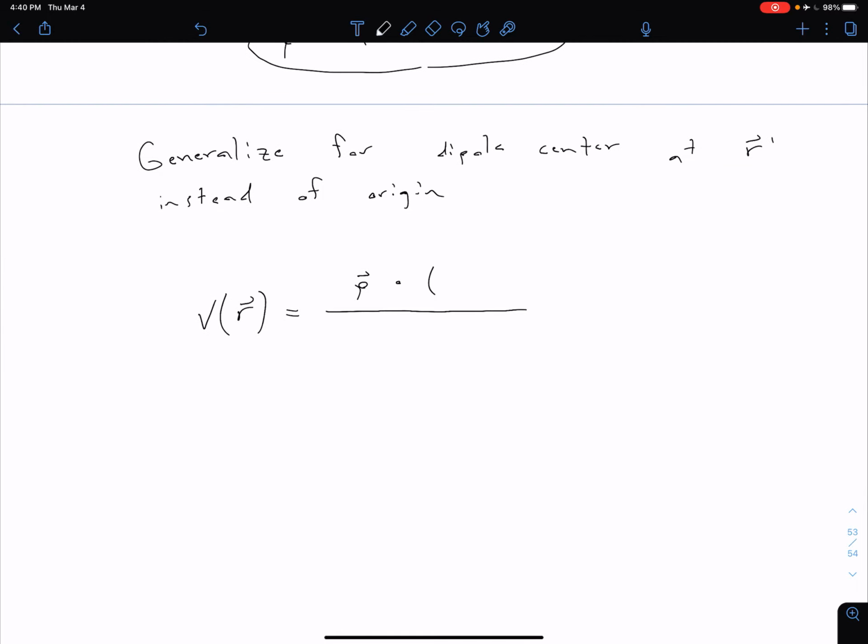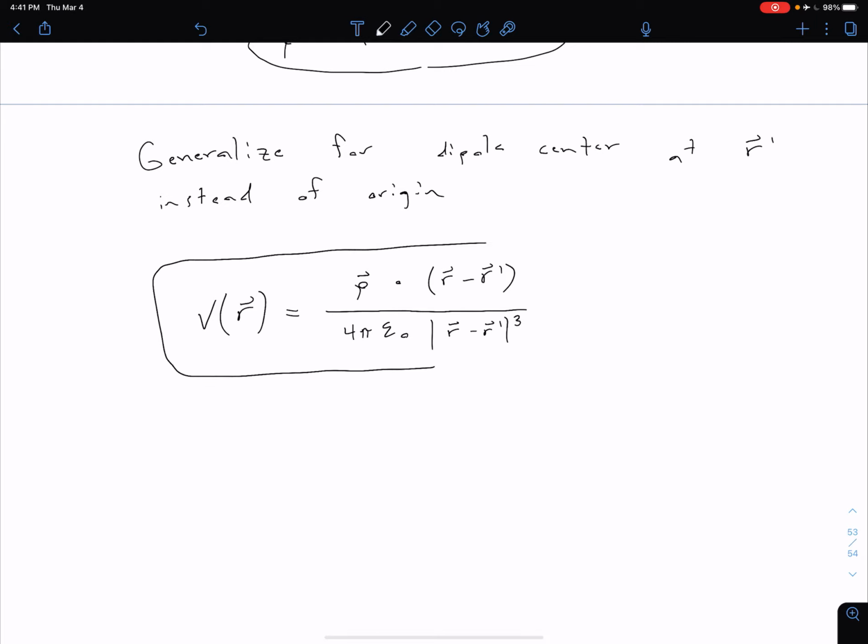That's going to become our r, our observation point, minus our r prime, which is our source point. In the denominator, we still have our 4 pi epsilon naught, and then we have the magnitude of that distance above in the numerator, and now we're cubing that magnitude.